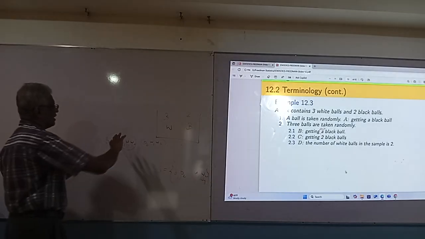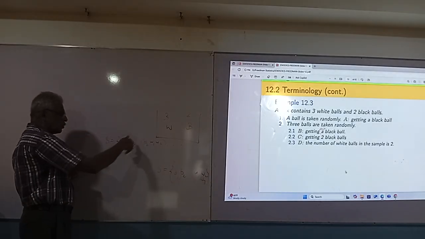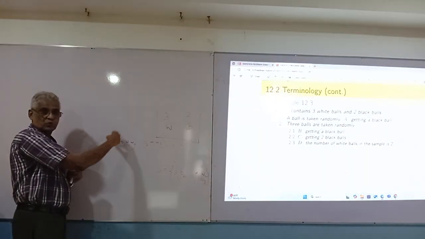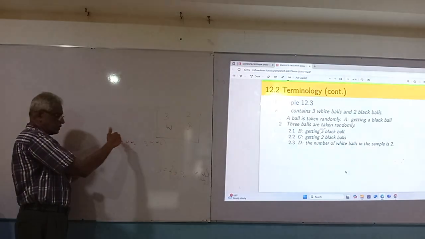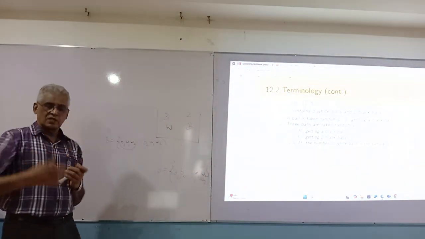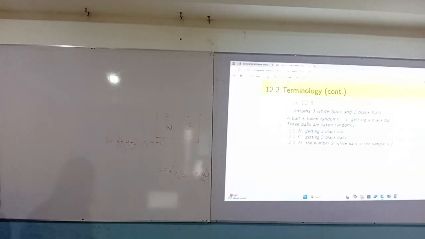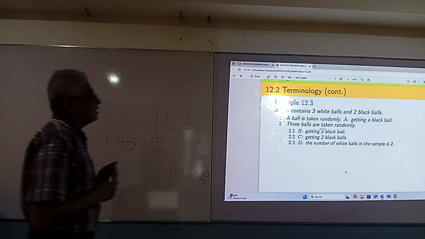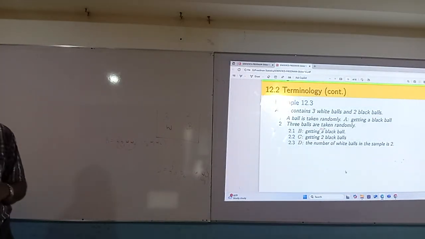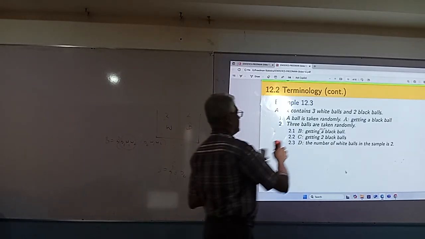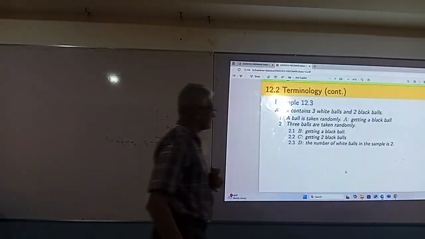Or if you want, you can even consider the order. In that case, there will be 2 more here. W1 can be here, W1 next one, and like that. So depending on how you consider it, your sample space can be different. So there is no one particular unique way of writing it down.